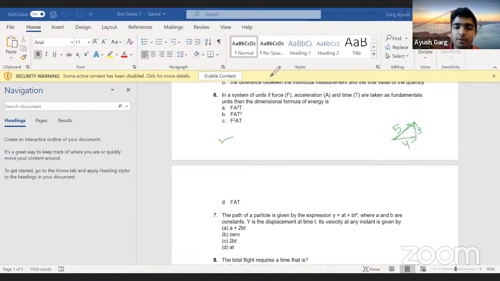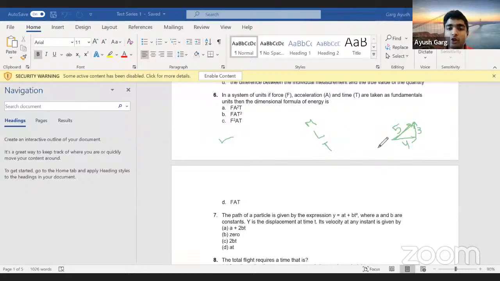You take M, you take L, and you take T. In terms of all of these, you determine the dimensions of everything. Now that is not the case. You are no longer having M, L, and T as your basic dimensions.